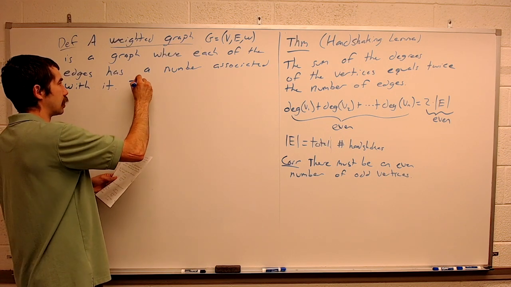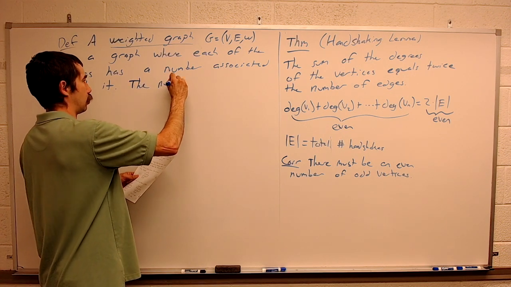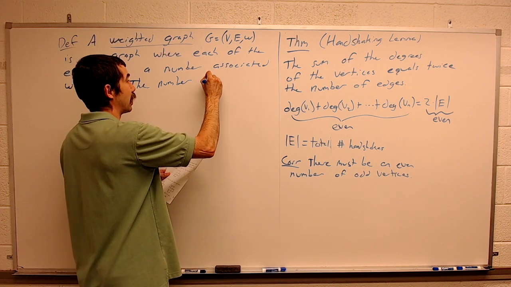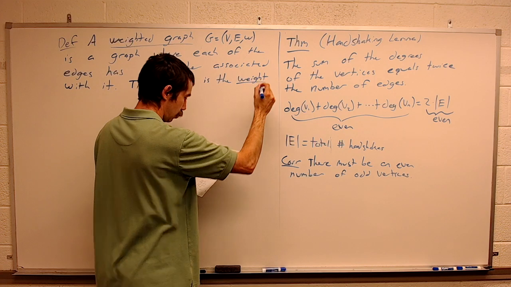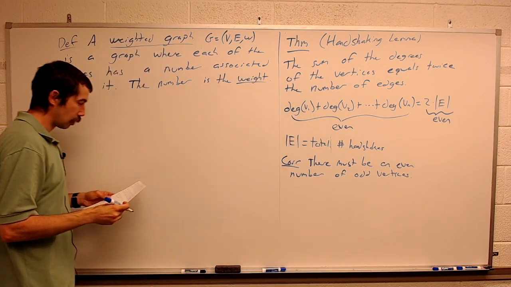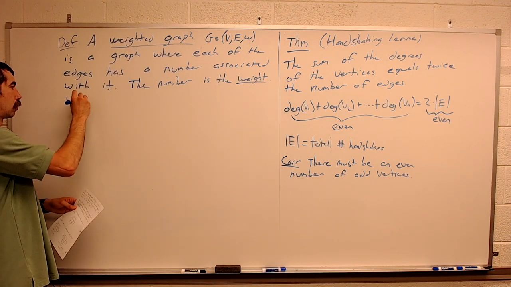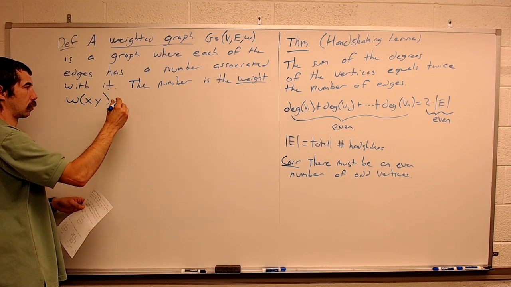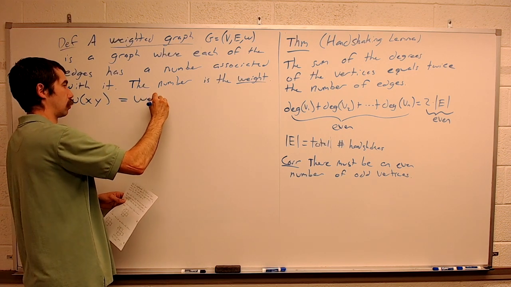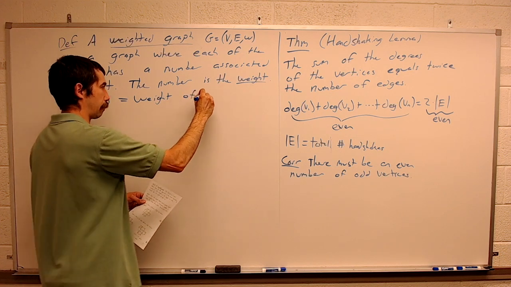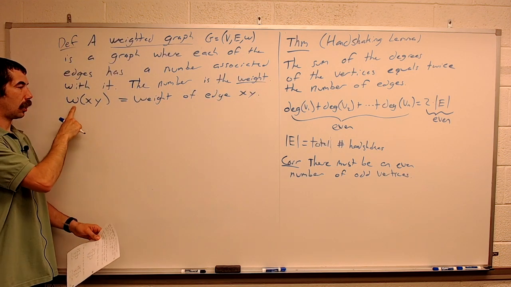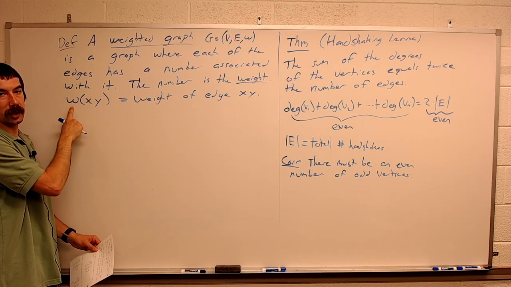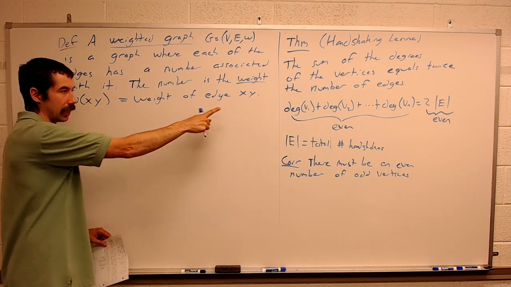So this number is the weight, and we write omega of xy, or w of xy, to be the weight of the edge.